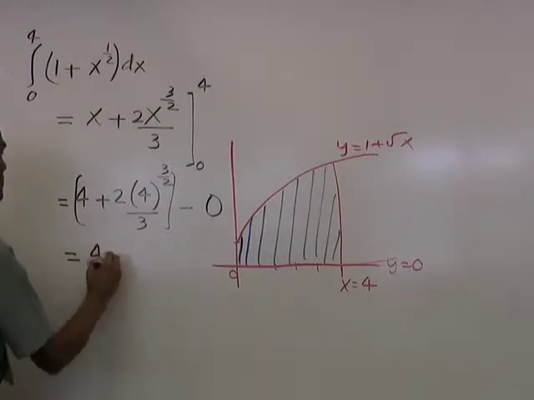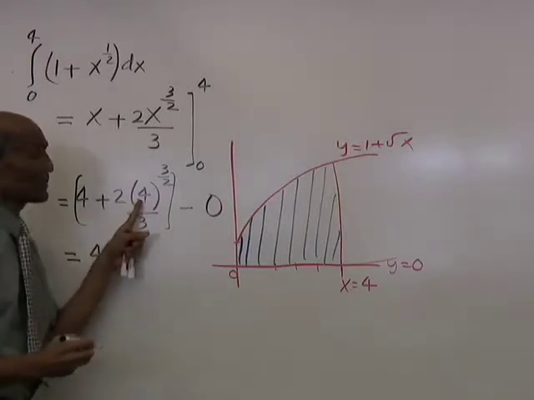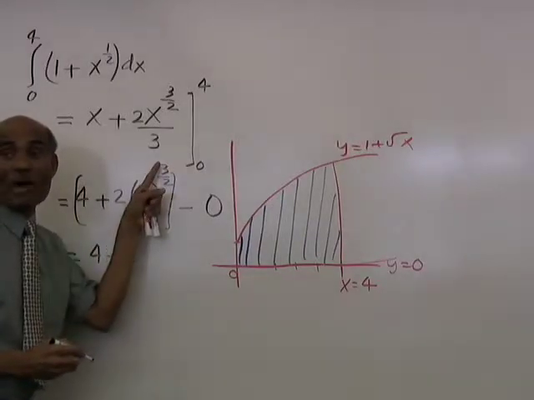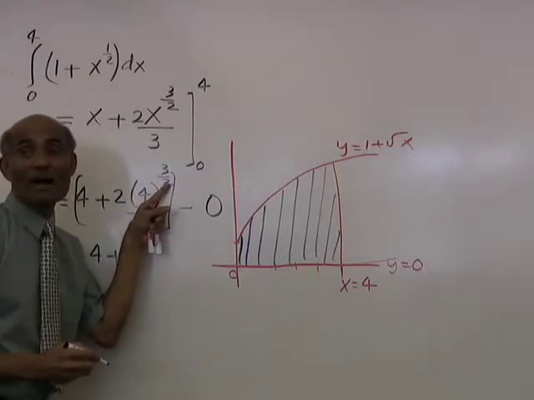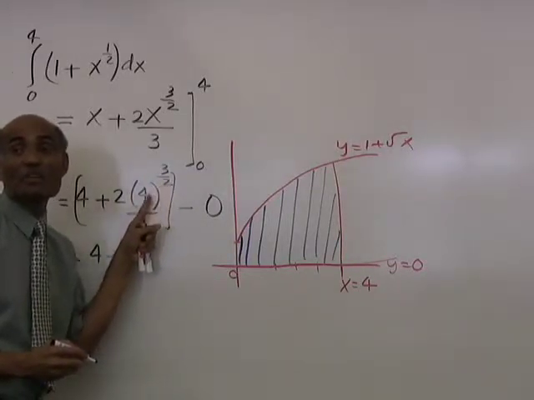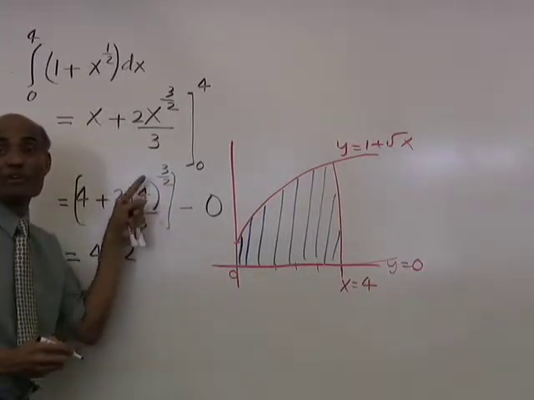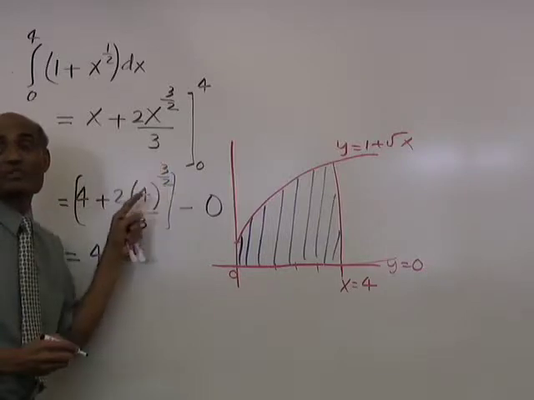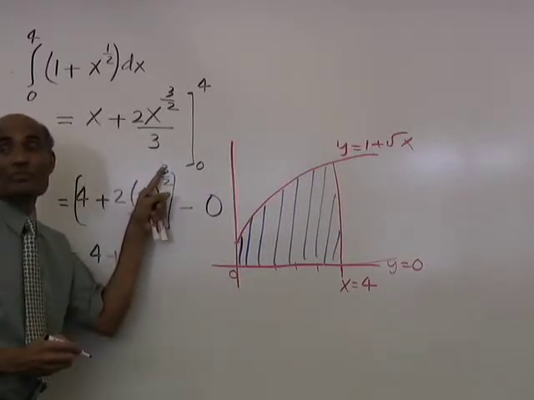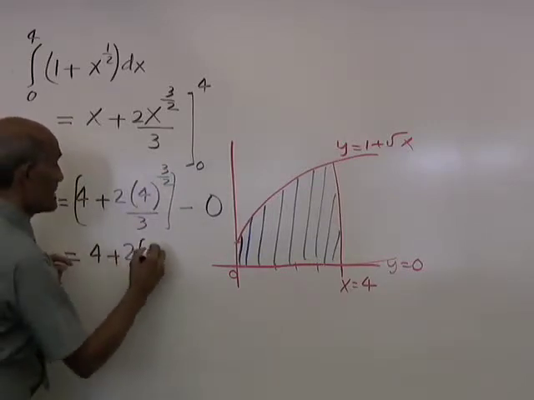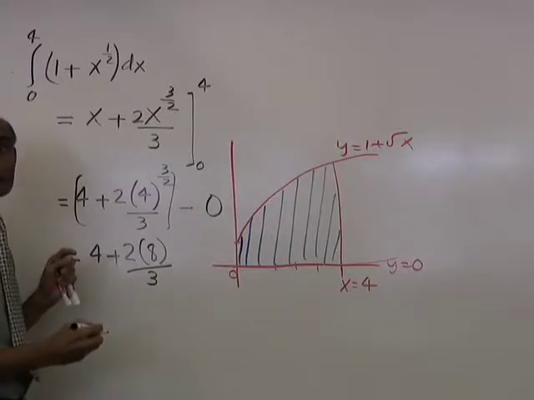That will be 4 plus 2 times. Look at this again. The power is 3 over 2. The denominator of the rational power is 2, which means you need to take the square root of this. So square root of 4, then raise it to the power of 3. Square root of 4 is 2. 2 to the power of 3 is 8. So that will be 2 times 8 divided by 3.